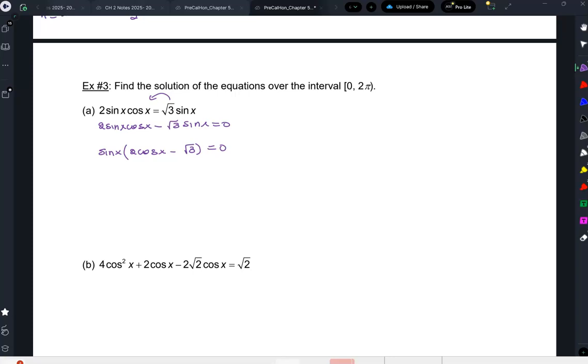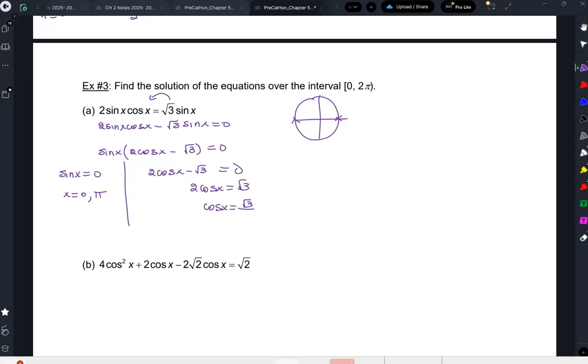Now that I have one thing times another thing equal to 0, I can set each one equal to 0 on its own. Sine of x is 0 at 0 and pi. And then 2 cosine x equals root 3, so cosine x equals root 3 over 2, and that happens here and here. So x is pi over 6 and 11 pi over 6.